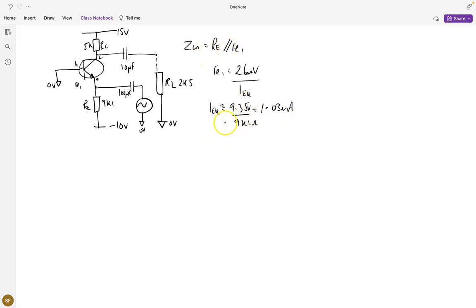So once we found the IEQ, we can find little RE1 if you pop that into your calculators. So 26 millivolts divided by 1.03, we get little RE1 approximately equal to 25.3 ohms. So knowing that, we can establish what Z in is.